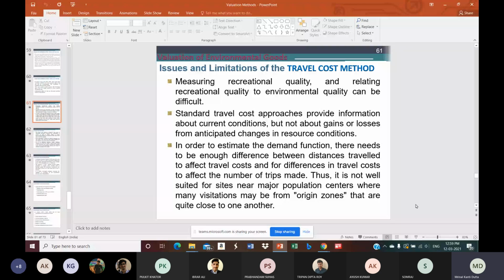So these are some of the issues, or you can consider them limitations, of the travel cost method as well. But in hindsight, what we can say is that these revealed preference approaches, in the form of the hedonic pricing method or the travel cost method, are the ones which give us some kind of observed behavior, which can be observed from the behavior or responses of the people in an actual scenario.